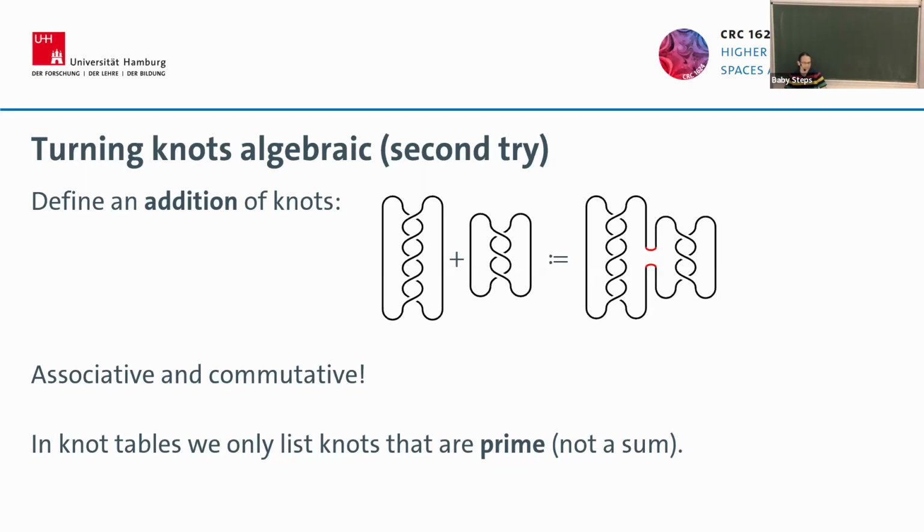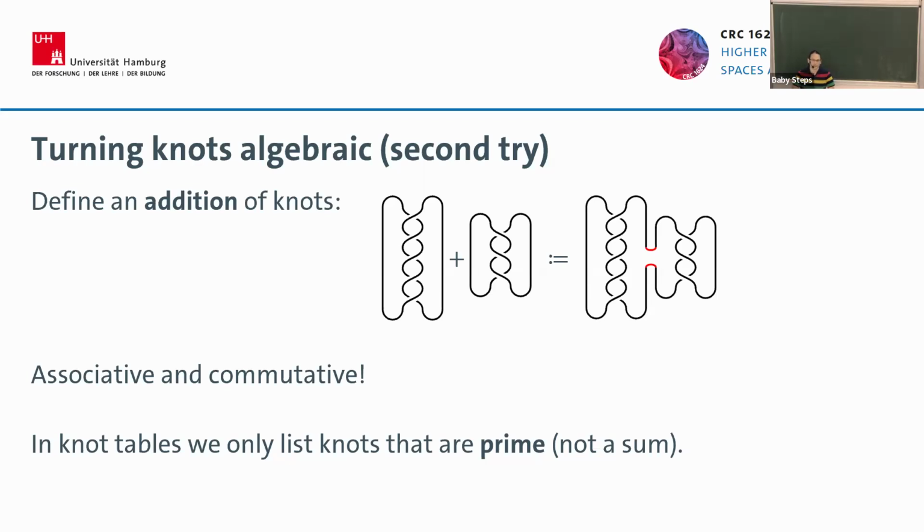So it's a fun exercise to check that this addition of knots gives a well-defined binary operation for oriented knots that is commutative and associative. Also, the unknot is a neutral element. So this gives the set of oriented knots a commutative monoid structure.